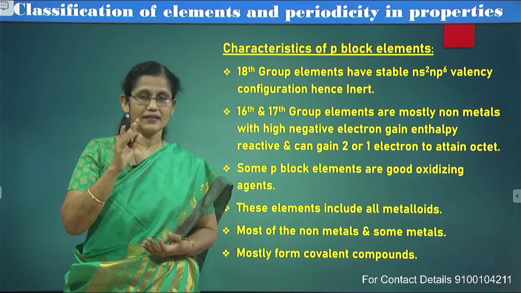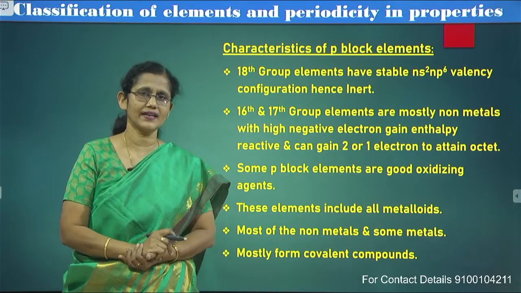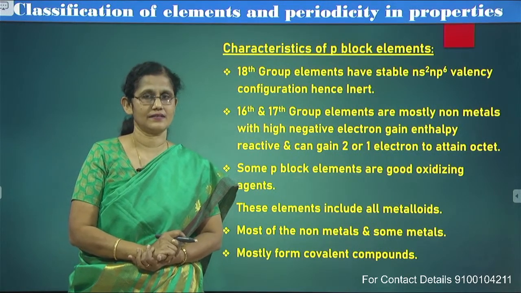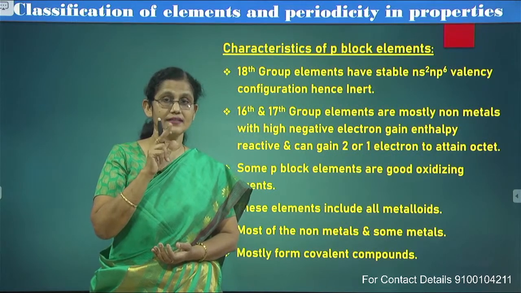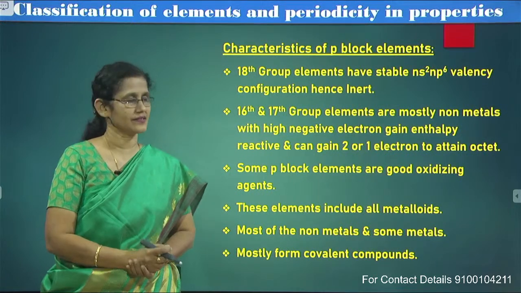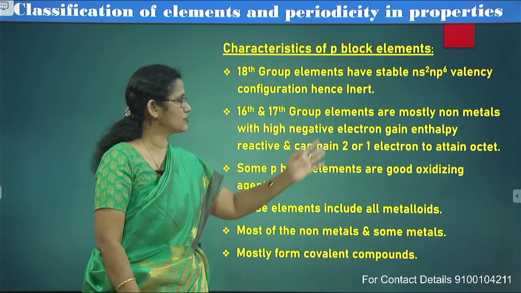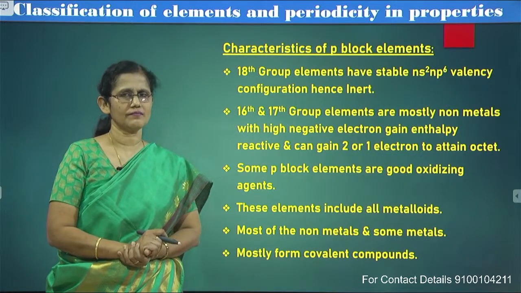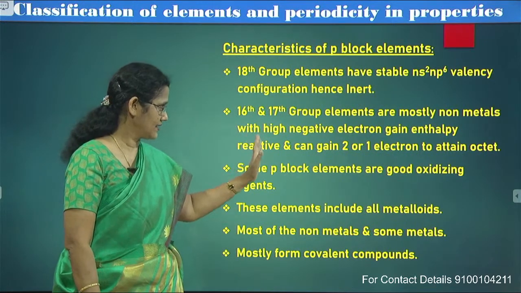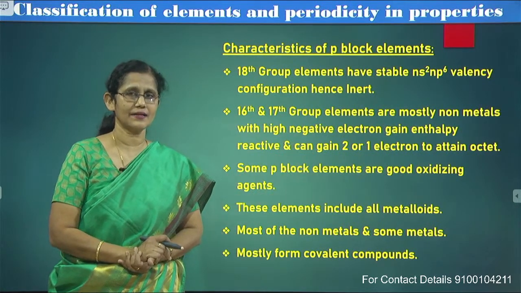Traces of inert gases are found in air, they are called rare gases, right. What are rare earth elements? Lanthanides. What are rare gases? Inert gases. Similarly, the 16th and 17th group elements are mostly non-metals, and they have high negative electron gain enthalpy.